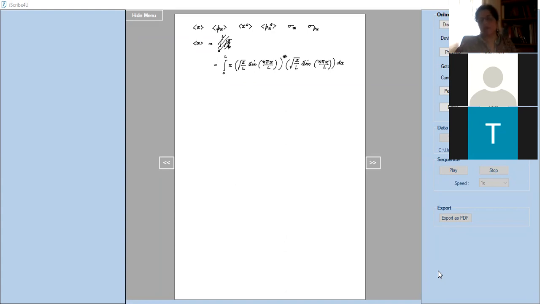So essentially, this is what we were supposed to work out, which will be 2 by L, integral 0 to L, x sine square n pi x by L dx.